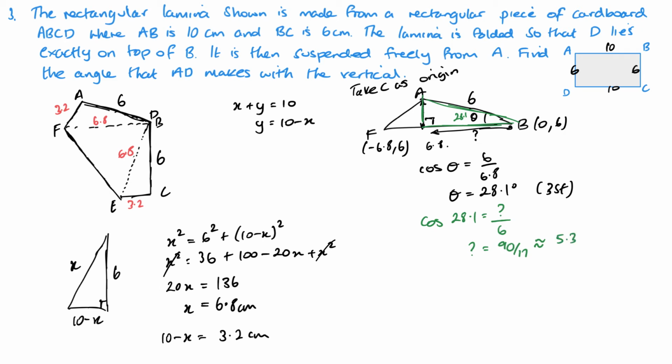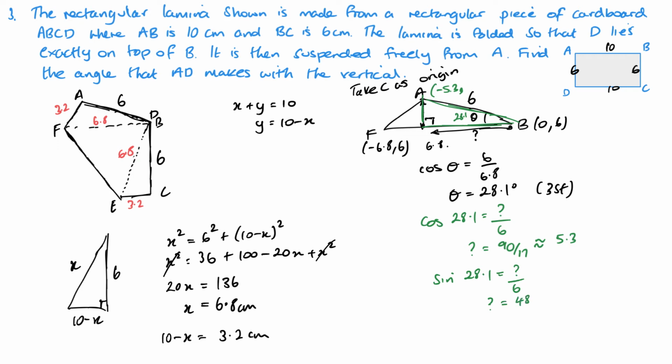Okay, so I can say now that the coordinate A is minus 5.3. Obviously we'll use the full value, but I also need to find the vertical value there, which is this one. So again, I'm going to use this on the 6, so we can use sine for that. So sine 28.1 is opposite, which is what we're trying to find, over the hypotenuse.